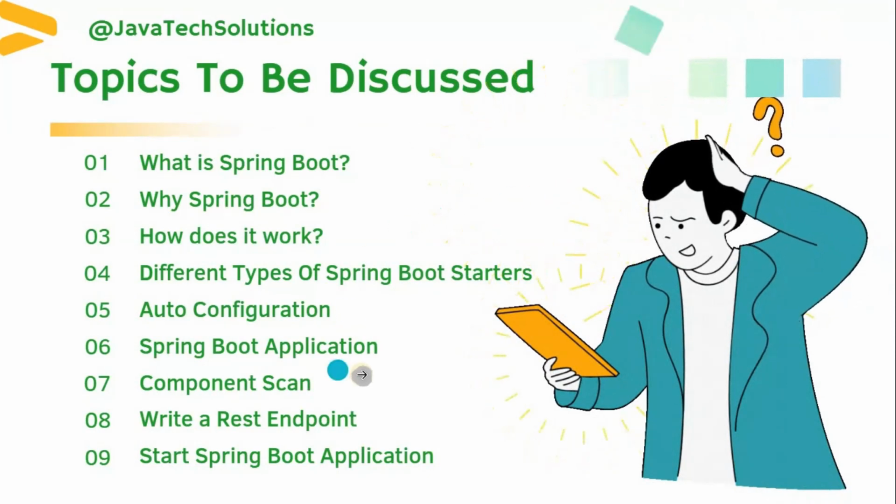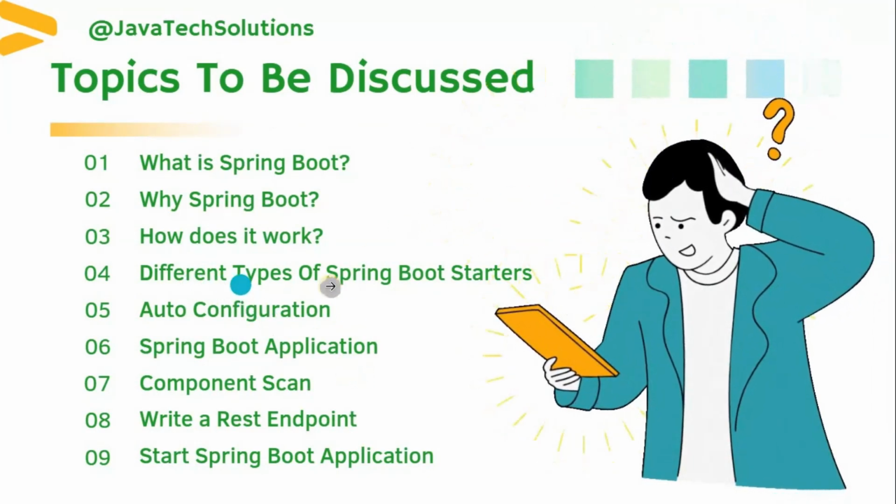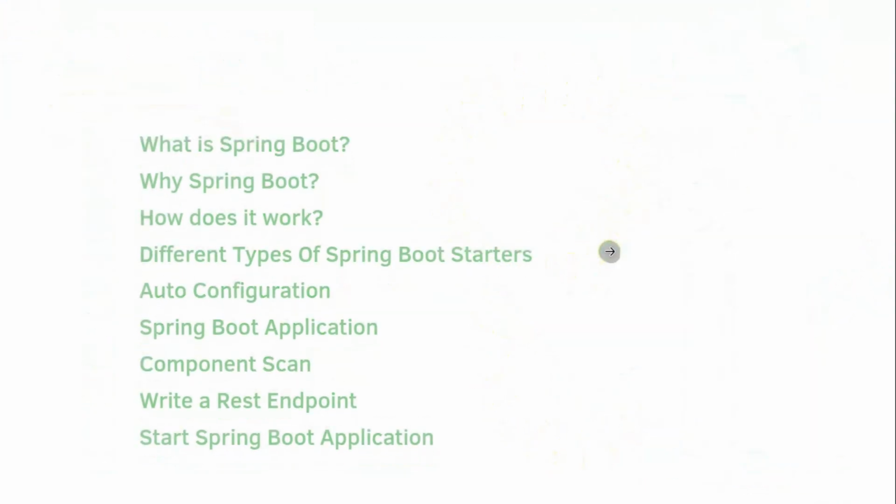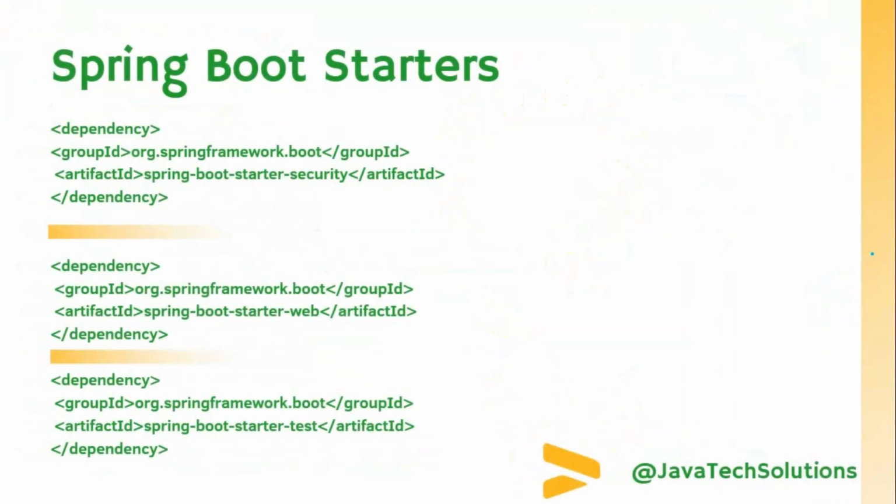Next I will talk about the different types of Spring Boot starters. What is it? Managing dependencies is very difficult for a big project, so Spring Boot resolves those dependencies and provides lots of sets of dependencies. For example, if we are going to use security-related jars, then there is one starter available: the Spring Boot starter security.